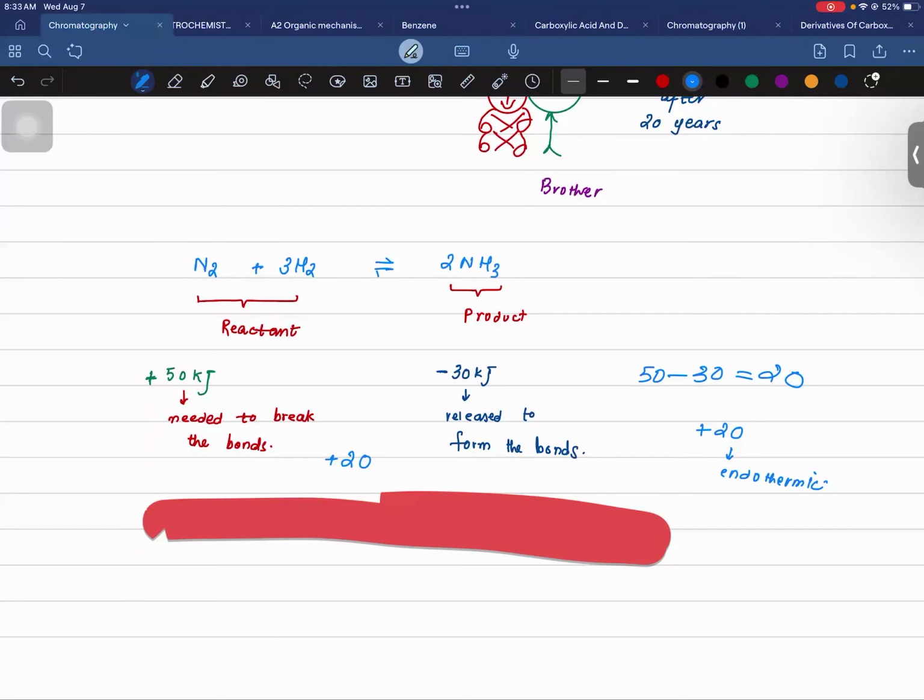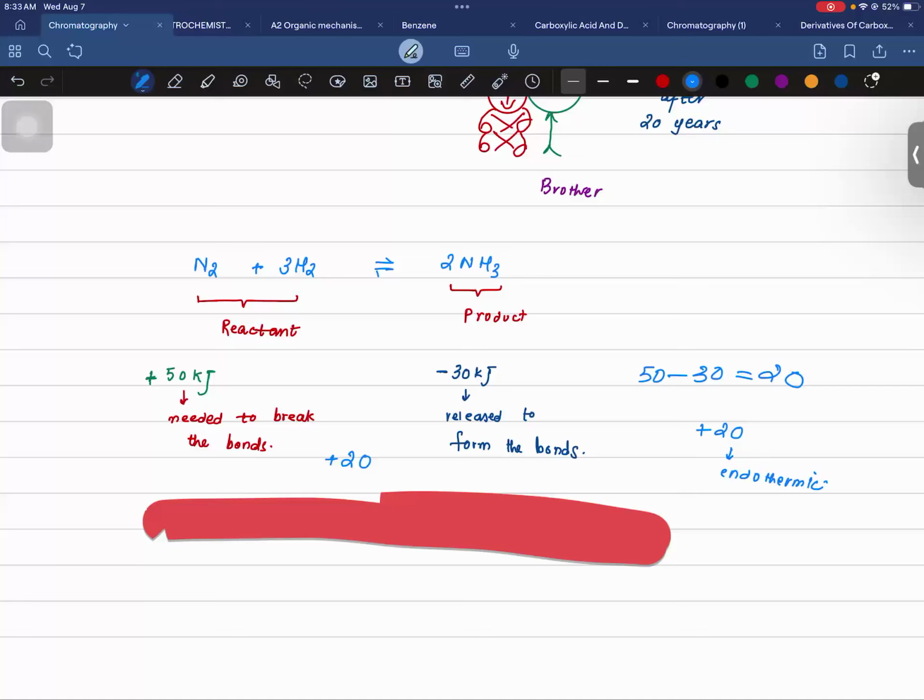If the final value is positive, the overall reaction would be endothermic. And if the overall value is negative, the reaction would be exothermic. Remember, this is very important.